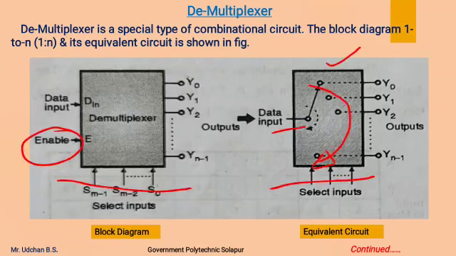One more point is that the demultiplexer performs the operation exactly opposite to that of the multiplexer. The multiplexer is many inputs to one output, whereas the demultiplexer is a single input to many outputs.